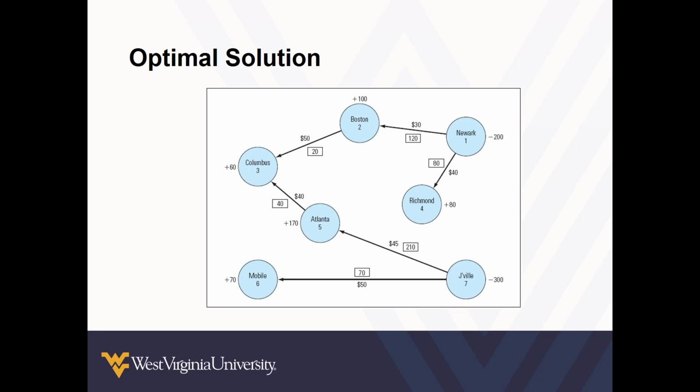And then we can look at Jacksonville as well, where 70 went directly to Mobile, and 210 went to Atlanta, and Atlanta had a demand of 170, so it passed 40 more of those on to Columbus. So between the contributions of Boston and Atlanta, Columbus was able to satisfy their demand for 60 of their vehicles.